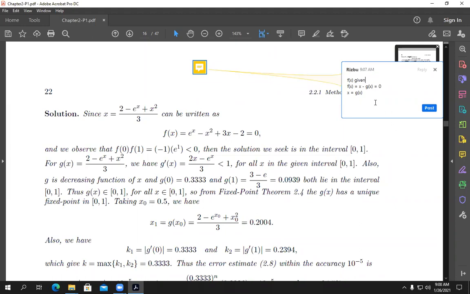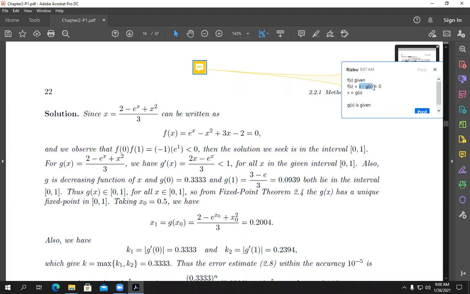Now, let's go the opposite way. g of x is given. Can I find f? Yes. How can we find f? x minus g of x. Yes, x minus g of x.